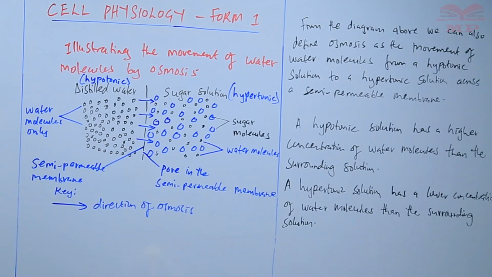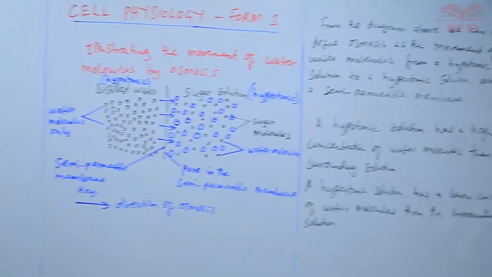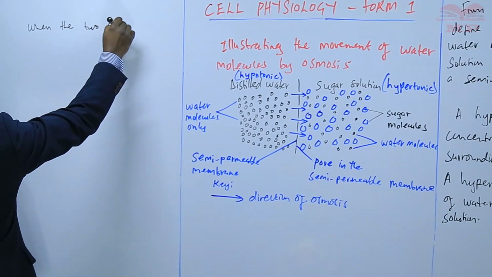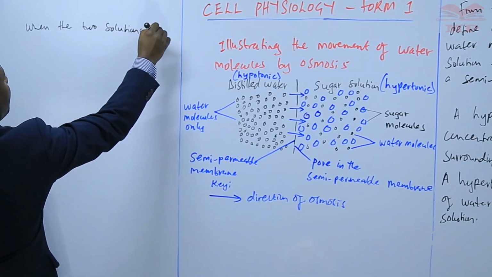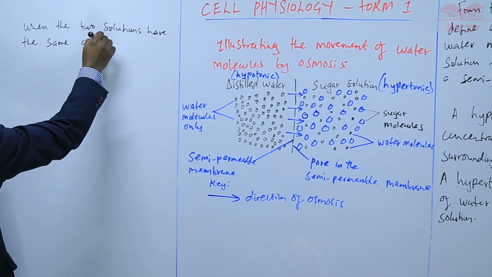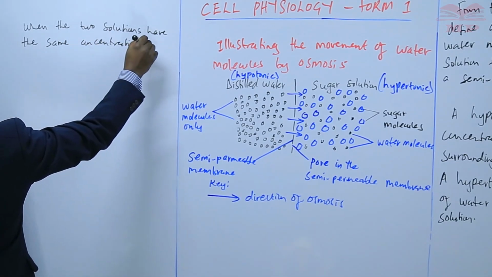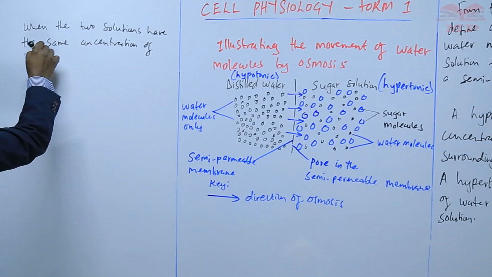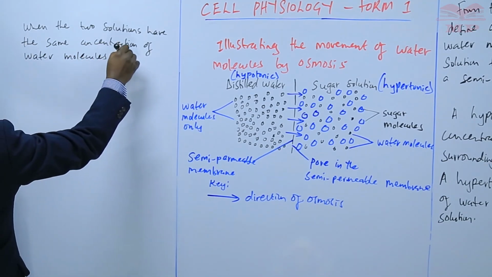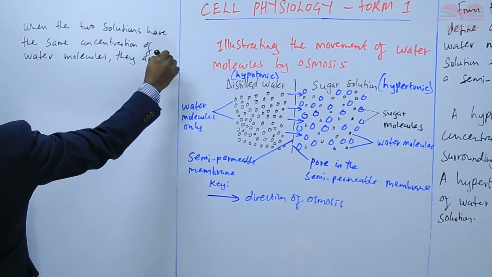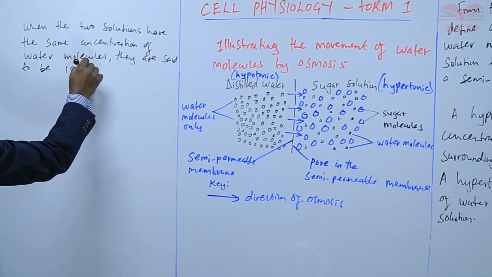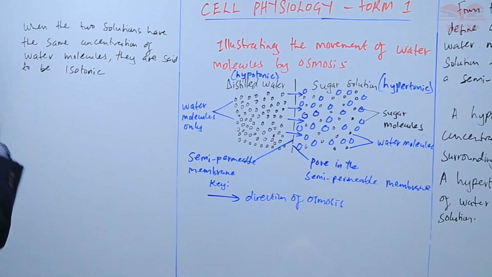So in that, we can say that when the two solutions have the same concentration of water molecules, they are said to be isotonic. So none has a higher concentration than the other.